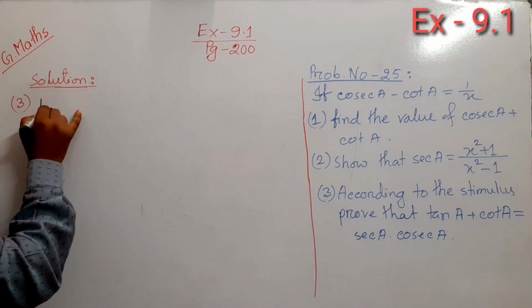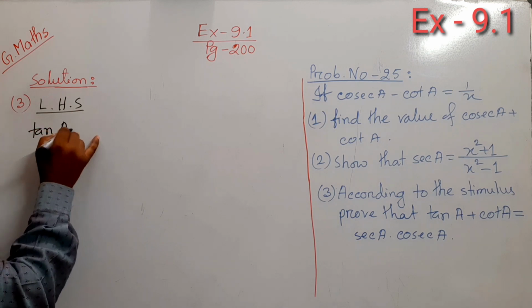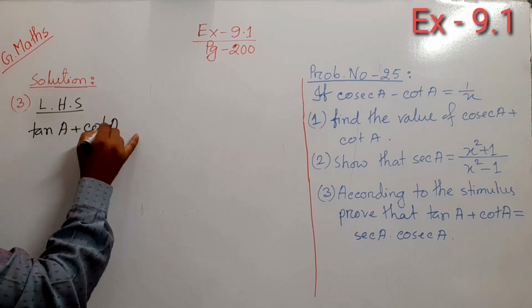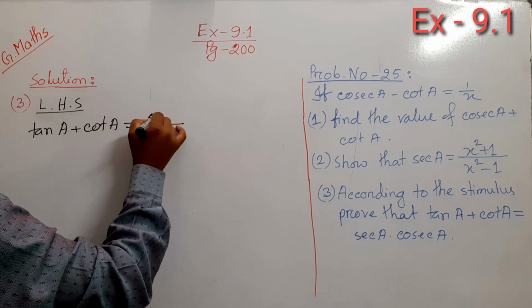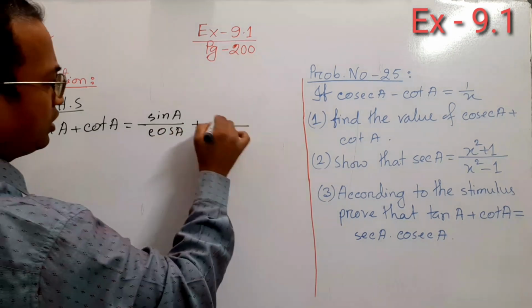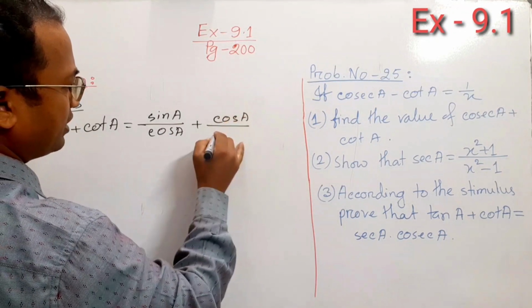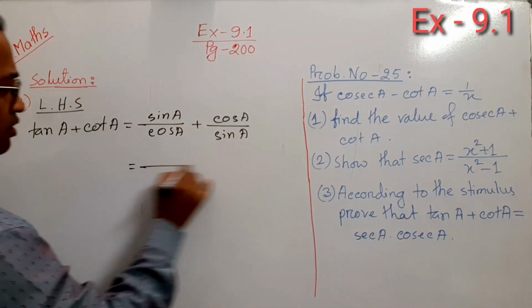Left hand side, that is tan A plus cot A. Tan A, we know that this is sin A by cos A, and cot A is cos A by sin A. Now we will add these two fractions.